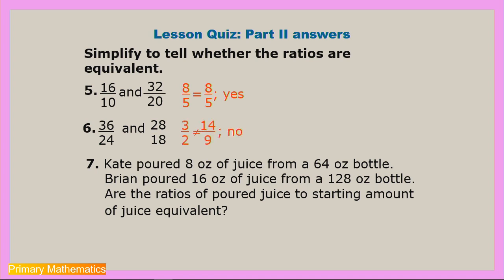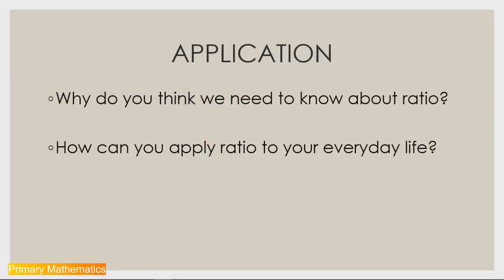Then we have the other, number 6. Very good. They are not equivalent. Very good. So we're going to go to number 7. Yes, they are equivalent. Both equal to 1/8.